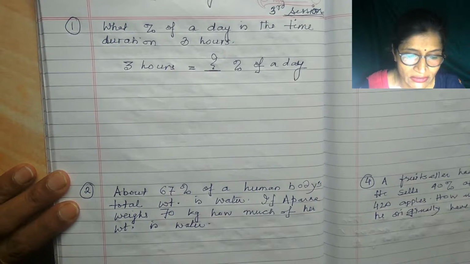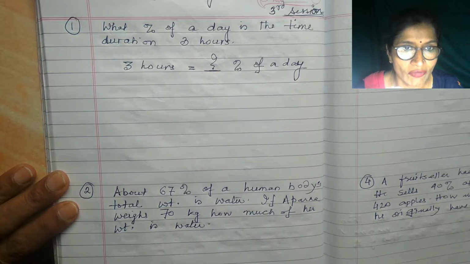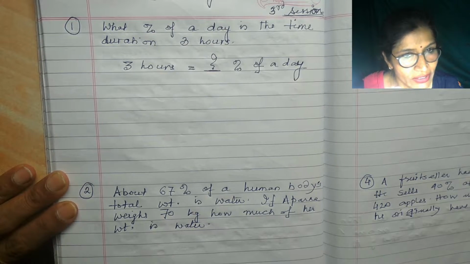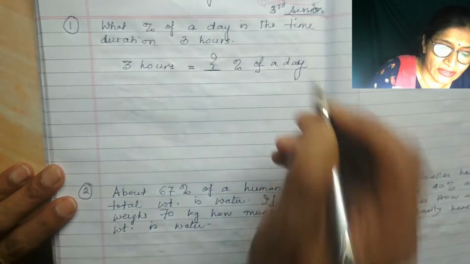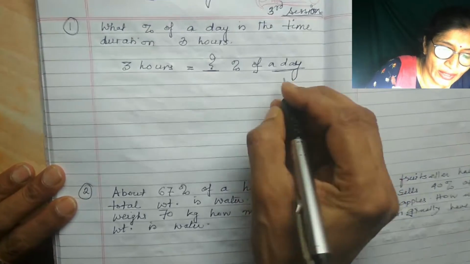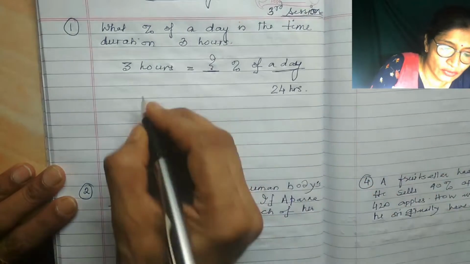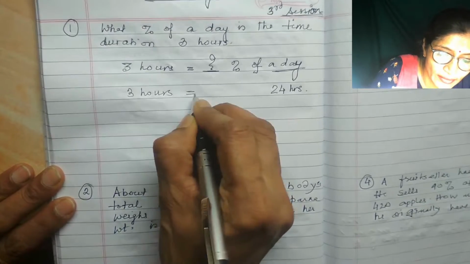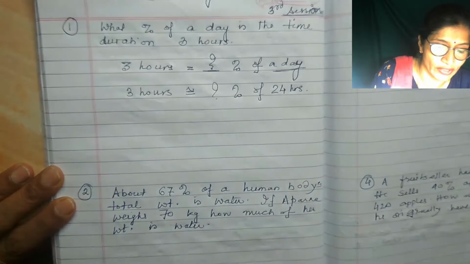3 hours is equal to what percentage of a day, or you can say that 3 hours is how much percentage of a day. So 3 hours, and it is one day. One day means 24 hours. So asking you that 3 hours is equivalent to how much percentage of 24 hours.